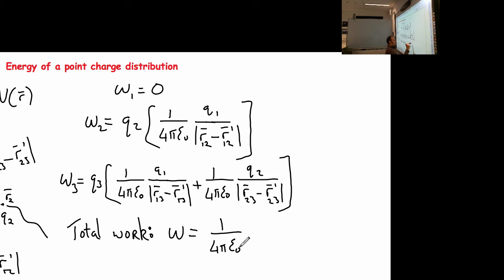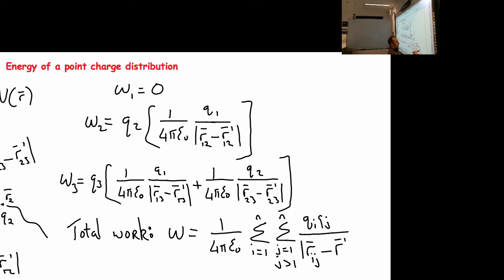We've got a double sum for our point charge, so we go i is equal to 1 from 1 point charge up to n, from j is equal to 1, and this is for j is greater than i, so that we don't count each point charge pair twice, by qi by qj, divided by the distance between them. So it'll be r ij minus r prime ij.